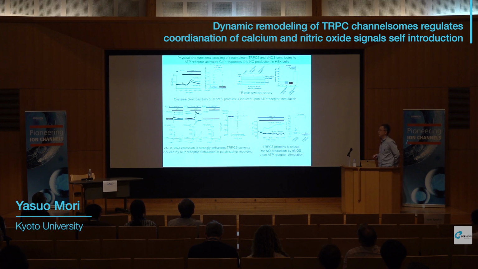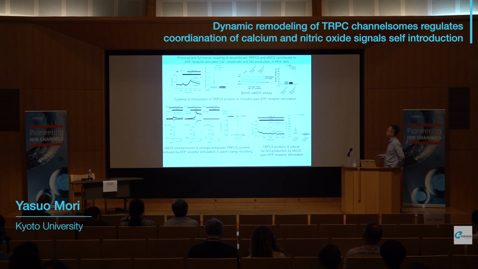And the results in calcium measurement can be easily reproduced in whole cell patch clamp method as shown here. When TRPC5 and eNOS were co-expressed, ATP receptor stimulation is very robust. TRPC5 current was recorded with this I-V relationship of traces characteristic of TRPC5. But this was not observed in vector transfected negative control cells.